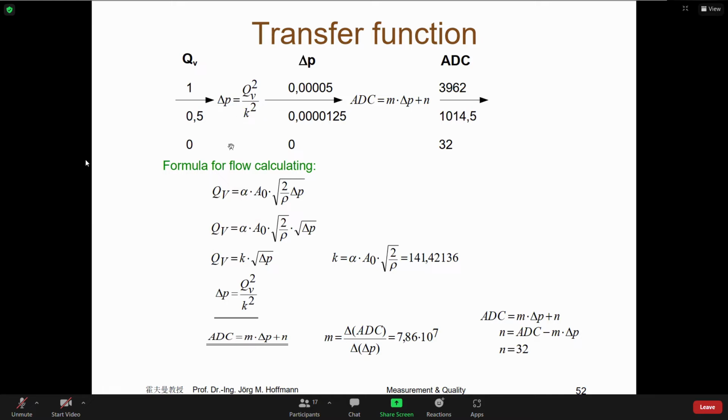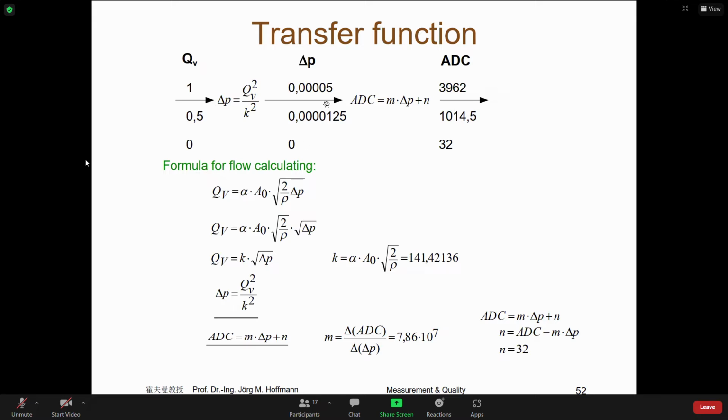This is a constant where all these parameters are in, and then you have this function. You go in with the volumina stream here, and you calculate the pressure. And you see here the values for the pressure.